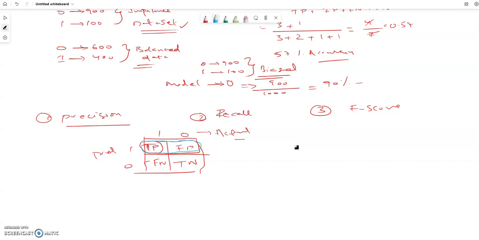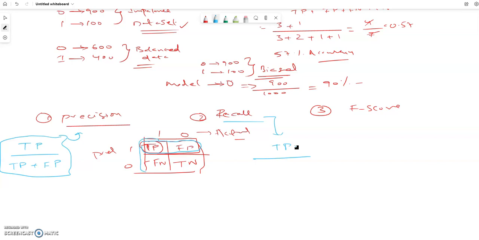Now the formula for precision will be true positive divided by true positive plus false positive. And the formula for recall is true positive divided by true positive plus false negative, right?